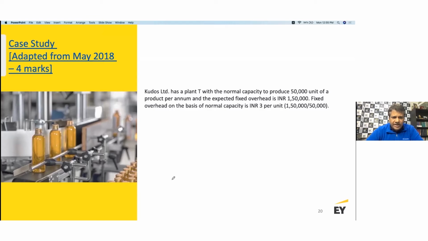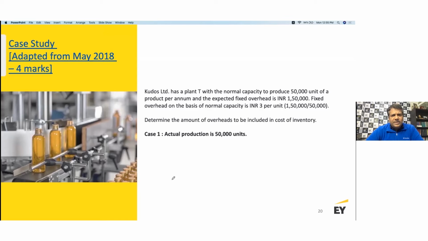Fixed overhead on the basis of normal capacity is INR 3 per unit. Simple. Now, determine the amount of overhead to be included in the cost of inventory.